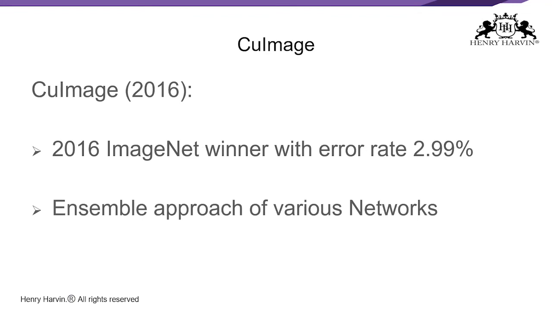The next one is CU Image. Here actually nothing interesting, but it is the 2016 ImageNet winner. The error rate is reduced from 3.57 percent to 2.99 percent. Here the landscape becomes saturated, and it used an ensemble approach of various networks, but it is not interesting though.